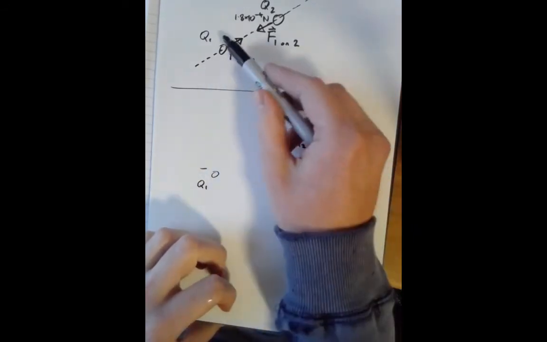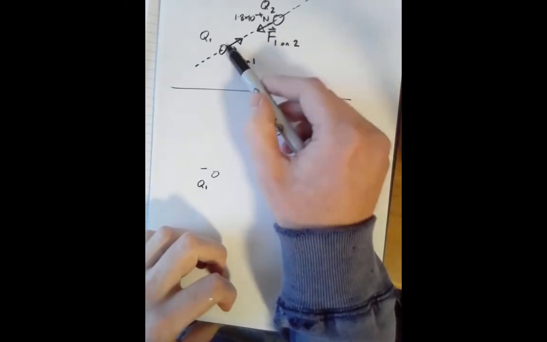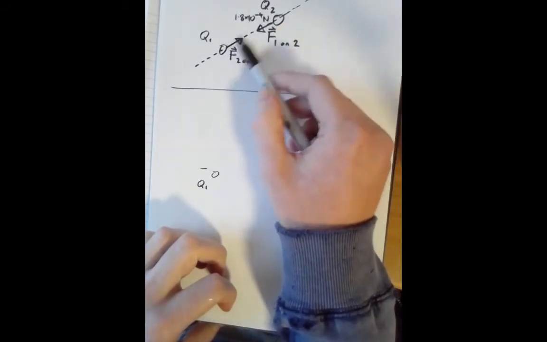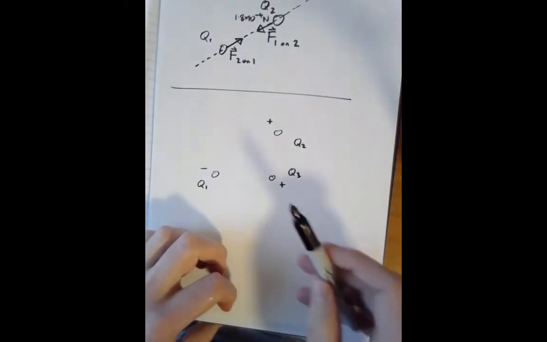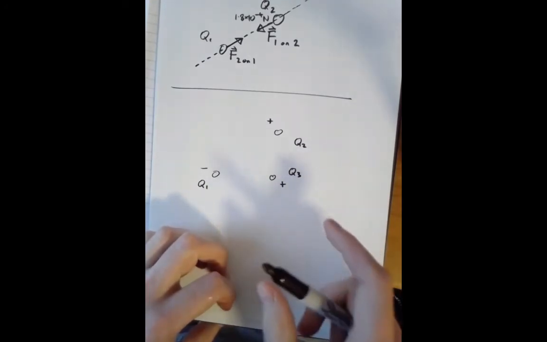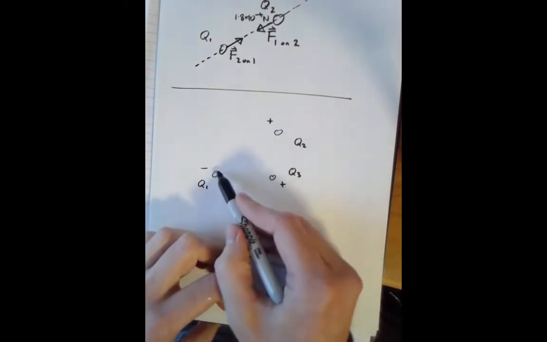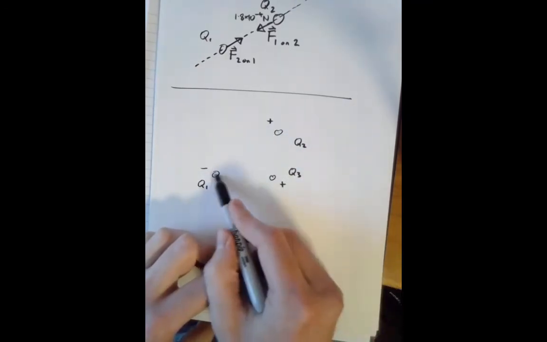Now, for two charges, we have one pair of forces. For 3 charges, we have as many pairs of forces as there are pairs of particles. So these 2 are a pair of charges, so are these 2, and so are these 2.